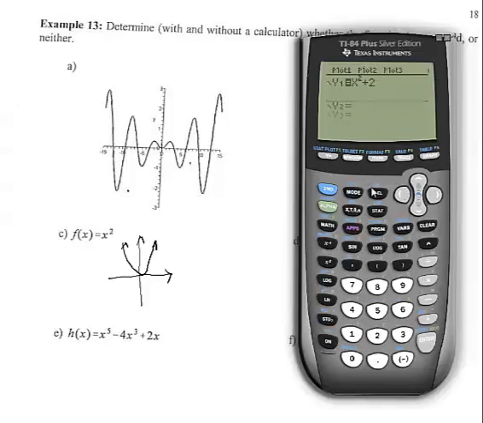We go to our calculator and we clear it. Enter in x to the third. And for an odd function, I can take this one and actually cut the left half with respect to y, rotate it 180 degrees, and the two halves will match.